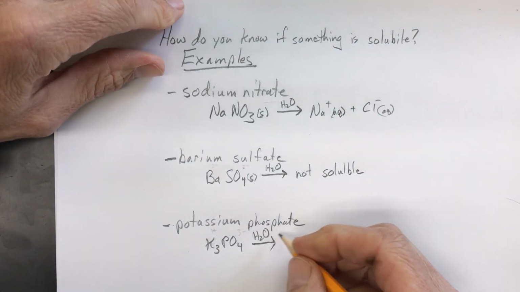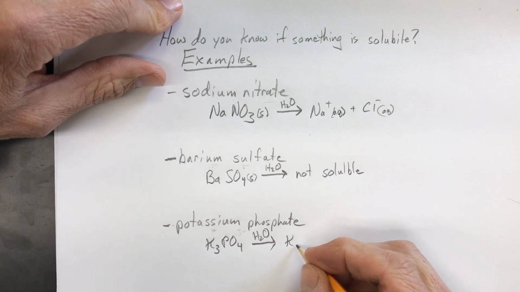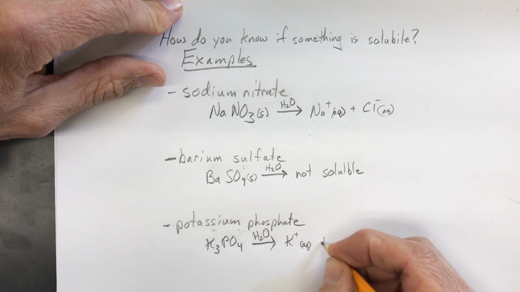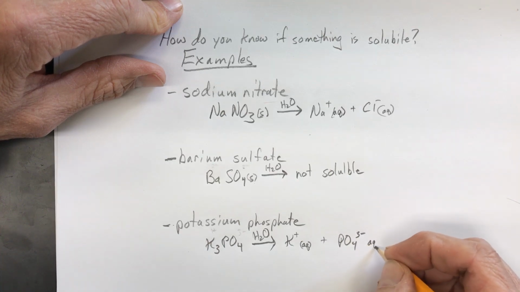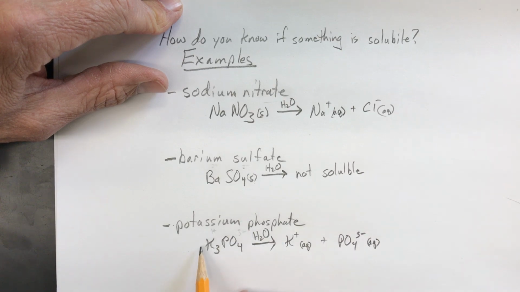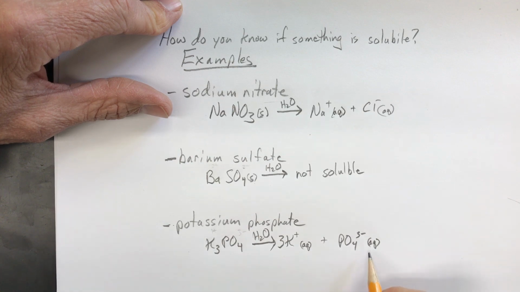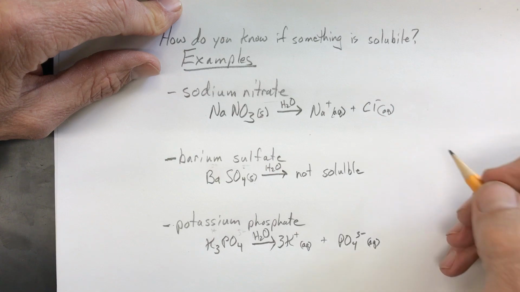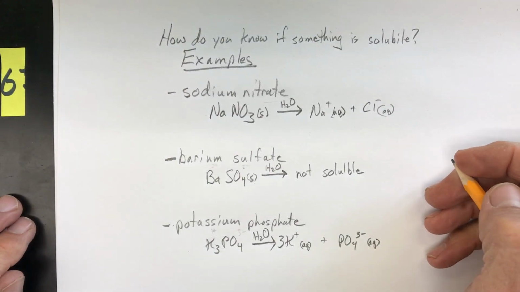And we are going to get K+ AQ, aqueous, plus phosphate, 3- AQ. Now, up here we just had a 1-to-1 ratio, but here we've got a 3, so I have to remember to put a 3 here to balance my chemical reaction. And these two are what we call ionic equations. And that's the basics on how you can find out whether or not something is soluble.